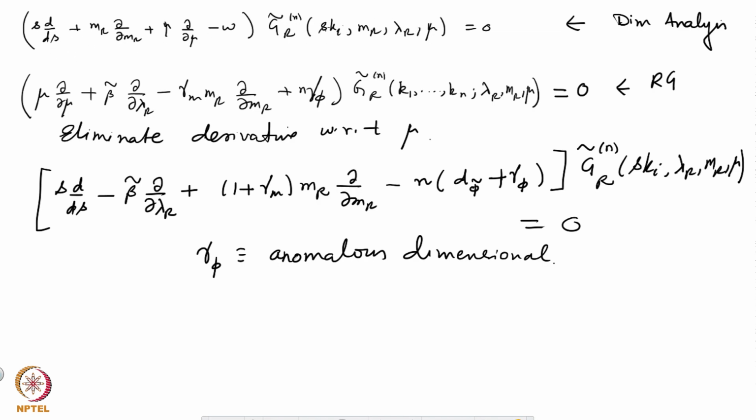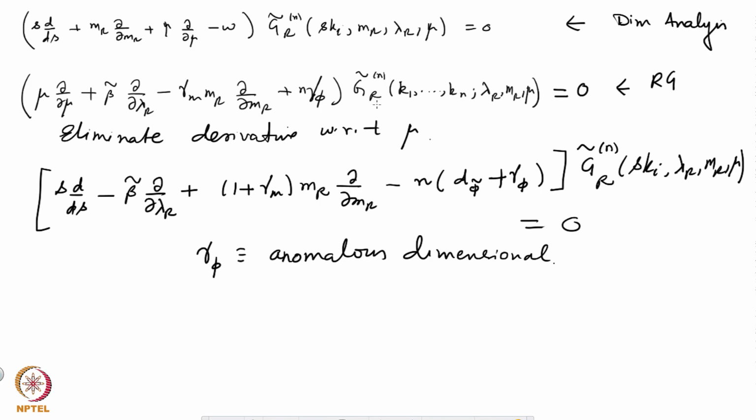We had scaled all the momenta by a factor of s. S is a dimensionless number. It could be 2, 10 or 1000 or whatever. So you are scaling all the momenta, and then the renormalized Green's function satisfies this equation.